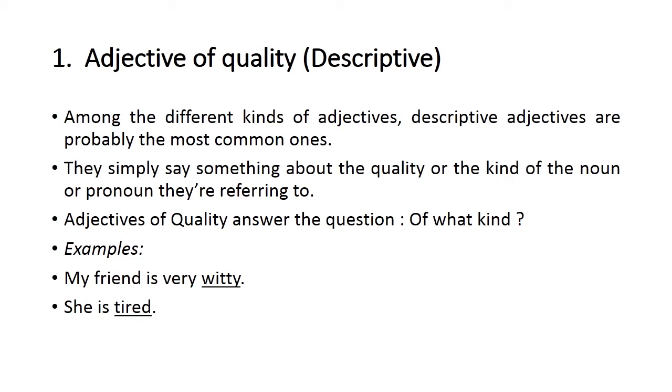For example, my friend is very witty. She is tired. Here the word witty, that is used as an adjective, is showing the type of person my friend is. Similarly, the word tired is used as an adjective, and it is showing the condition of a particular lady.